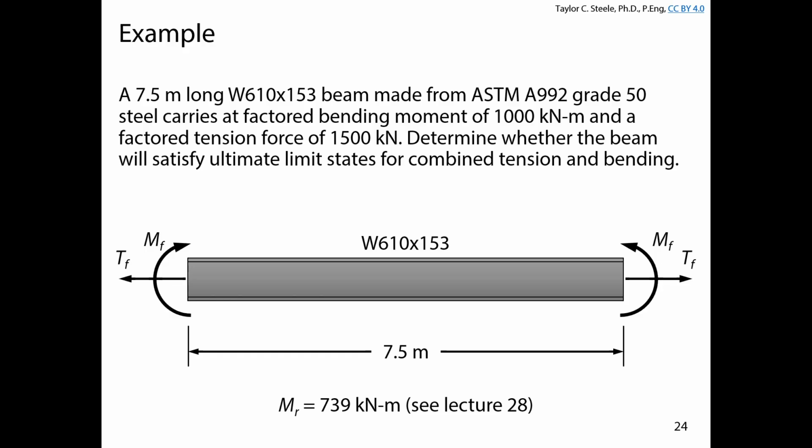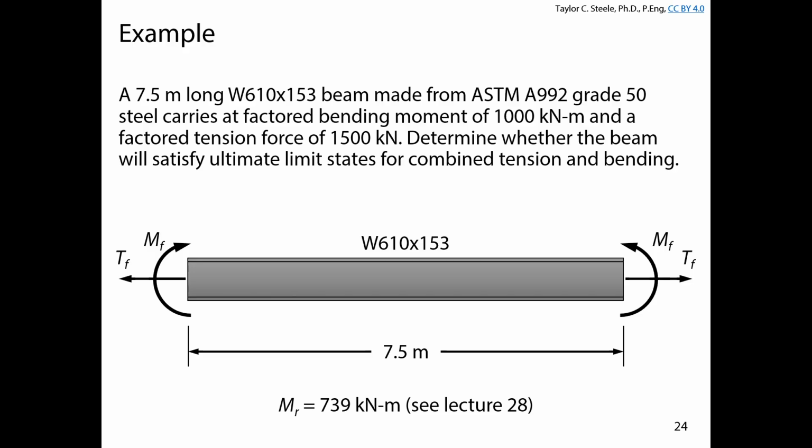We've got TF, which is 1,500 times 10 to the 3 Newtons, divided by phi A. I'll write it as 0.9 times 19,600 millimeters squared times 345, because it's A992 grade 50.